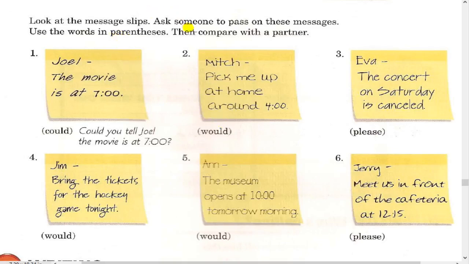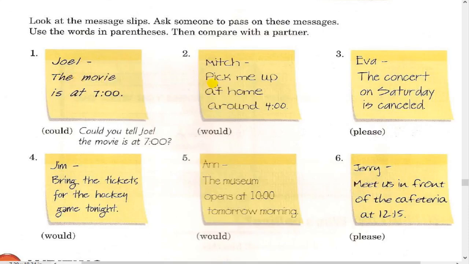Look at the message slips. Ask someone to pass on these messages. Use the words in parentheses, then compare with a partner. In this exercise, we write the message with tell and ask. If the sentence is, the movie is at 7 o'clock, this is a statement, use the verb tell.